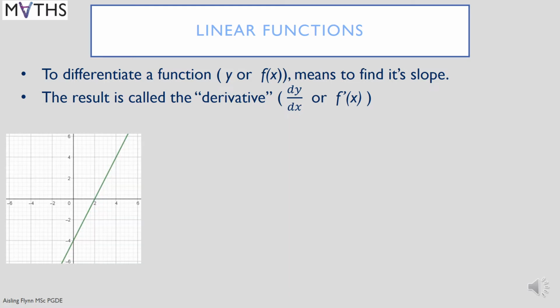So let's start with this green line, and this is the line y equals 2x minus 4. And we've learned to find dy dx means to find its slope. To find its slope we can simply do rise over run.